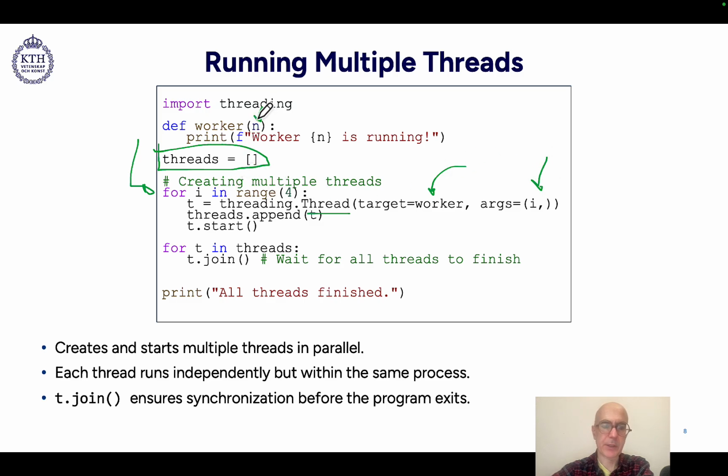You see here the function has an argument. When we spawn, we also need to append, so we do threads.append, and we start the execution of the thread as before by using the start method. Then finally we have another loop that is responsible for ensuring the synchronization before the program actually prints. All the threads will be waiting here until all the tasks are finished before printing that all threads are finished.